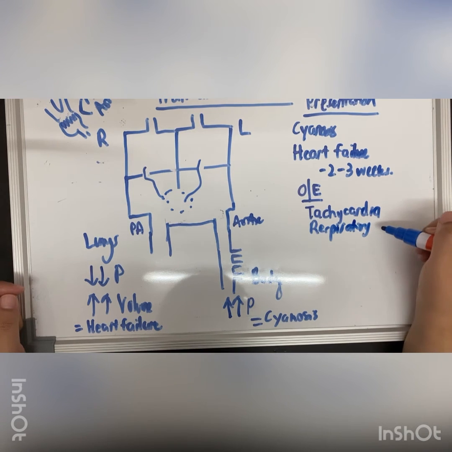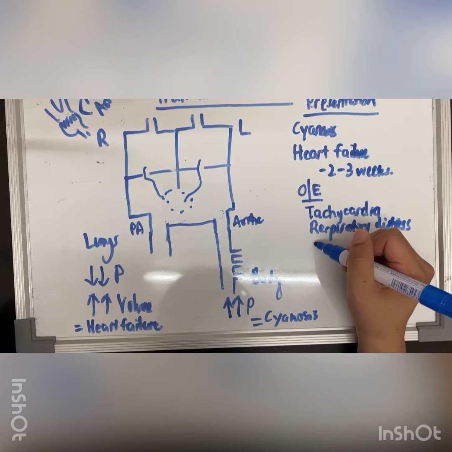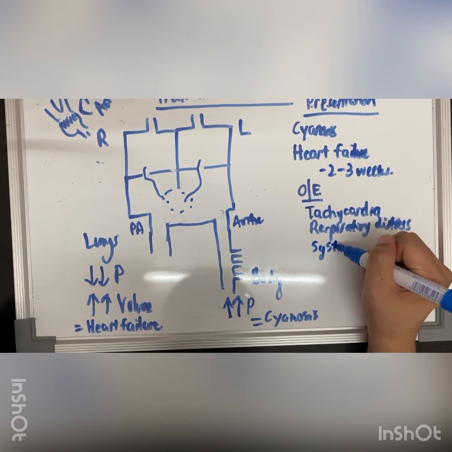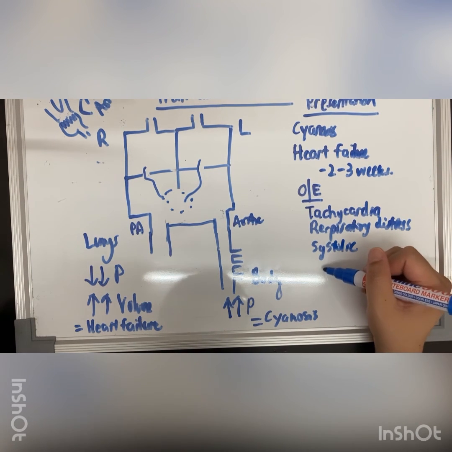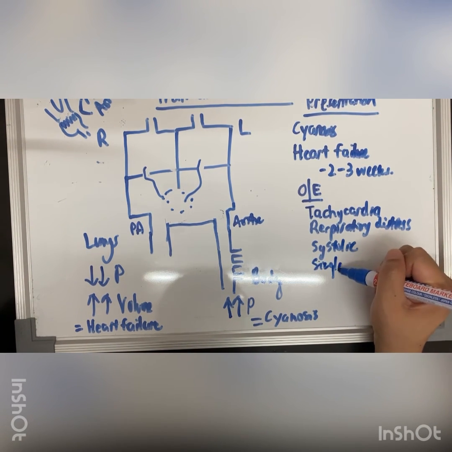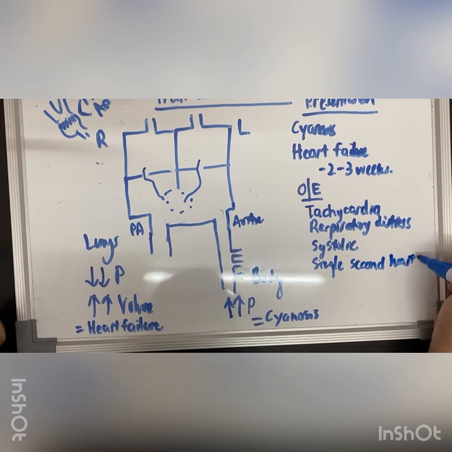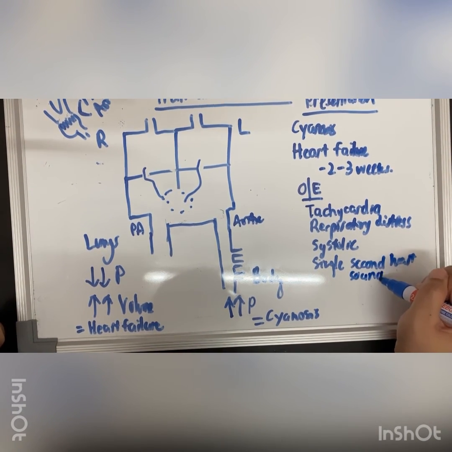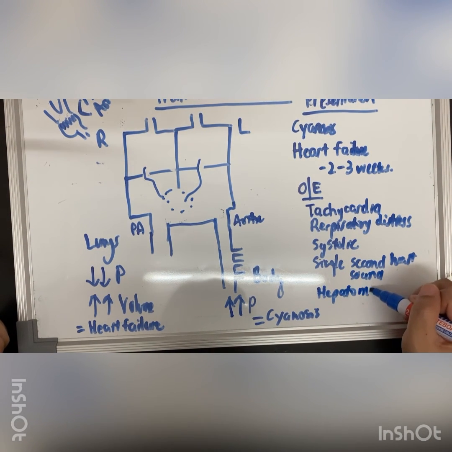And then on examination of the cardiovascular system, you listen for any presence of systolic murmur, and also a single second heart sound. And also hepatomegaly as a sign of heart failure.